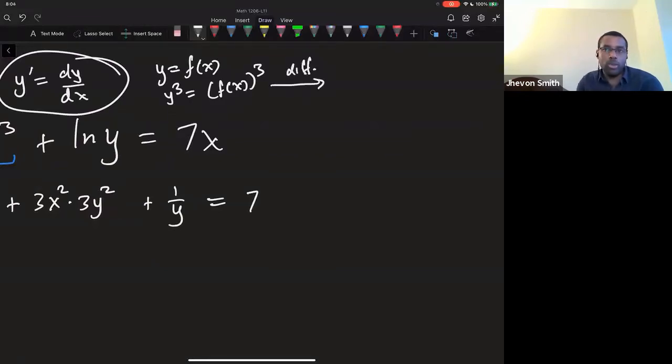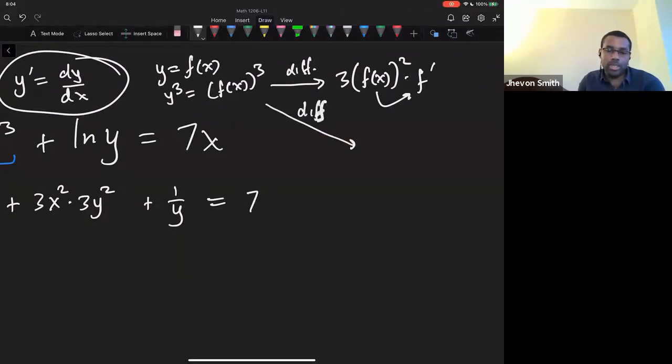Well, you'd have to apply the chain rule, right? So you'd have 3 comes down, and then you multiply by a derivative of the inside, right? So if you were to differentiate this, looking at it in terms of y's, you would have 3y squared times y prime.